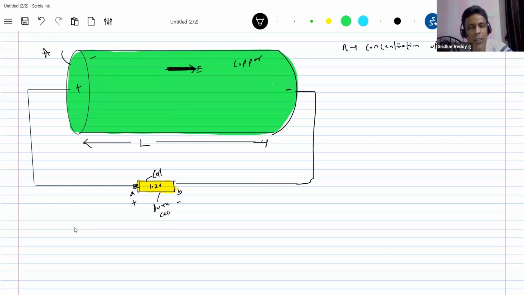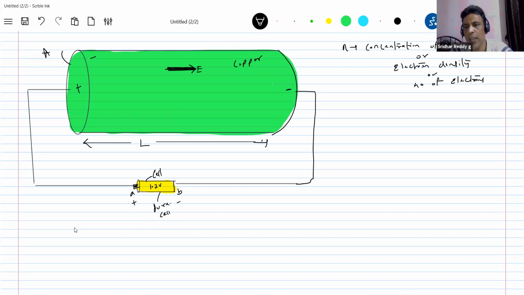So what do you mean by concentration? Number of electrons per unit volume, or electron density. If you're getting confused, it is electron density, or number of electrons per unit volume.